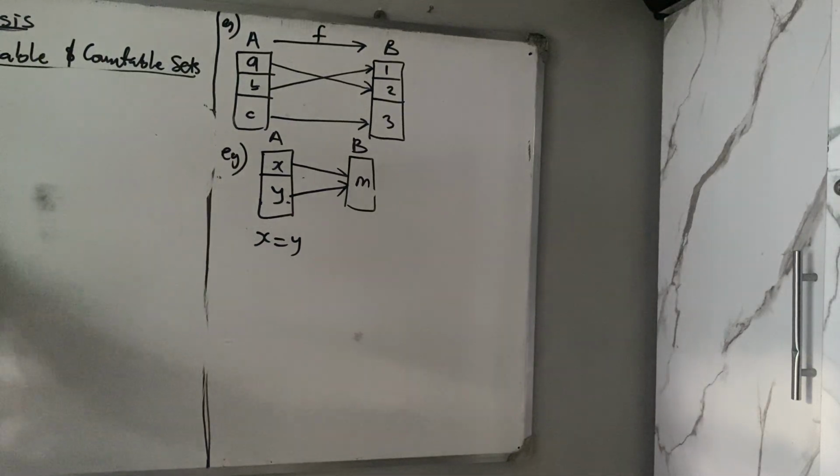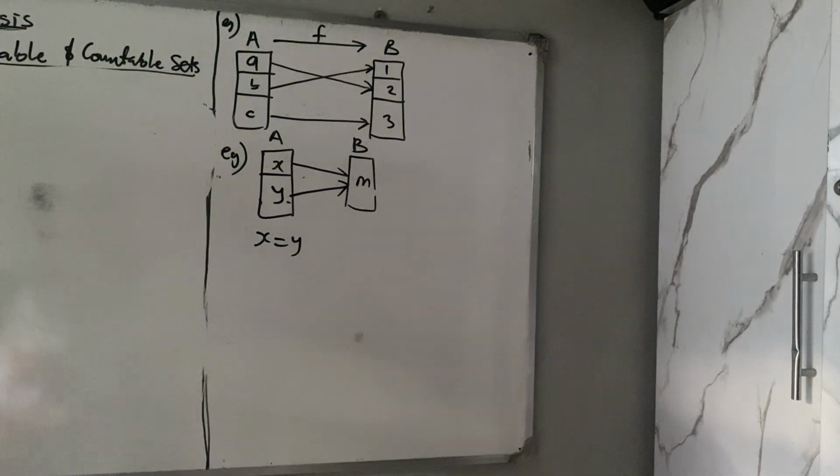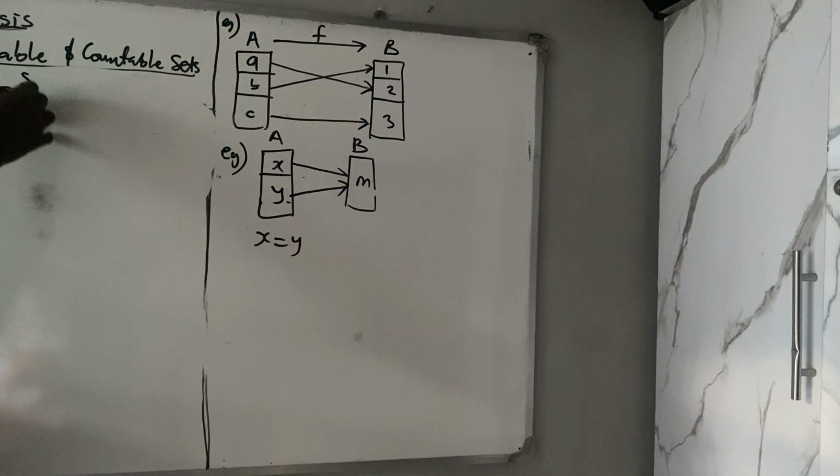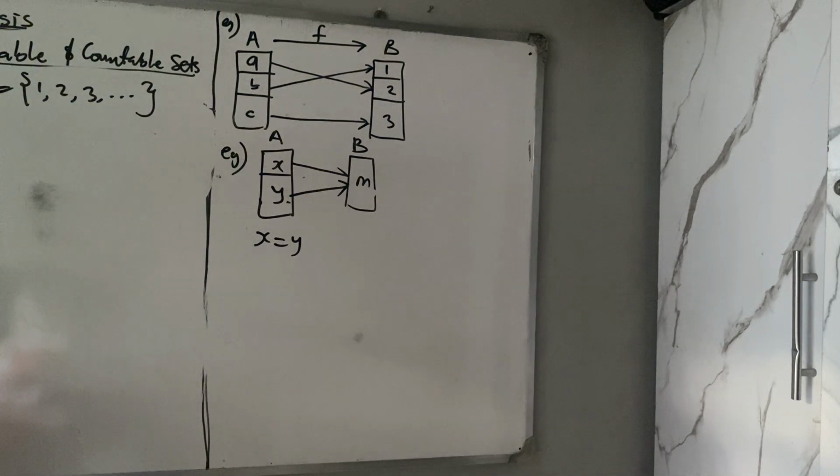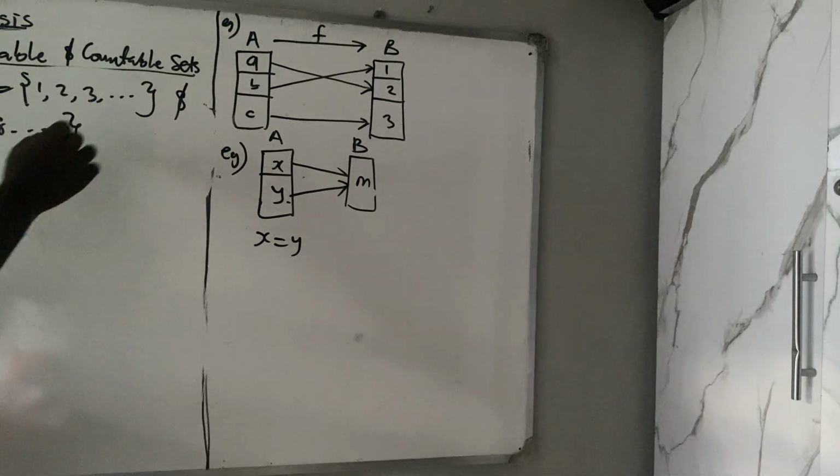So let's give an example to that. This one is just for you to see what we are saying. An example. Consider the set N, the set of natural numbers. I hope you know that natural numbers 1, 2, 3, 4 continue to infinity. Consider this set, and then another set E, which is equal to 2, 4, 6, 8, like that, a set of even numbers.